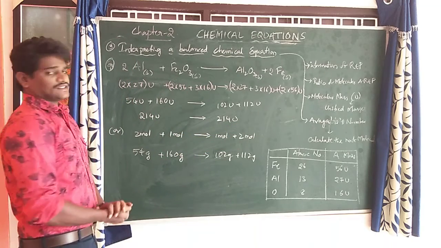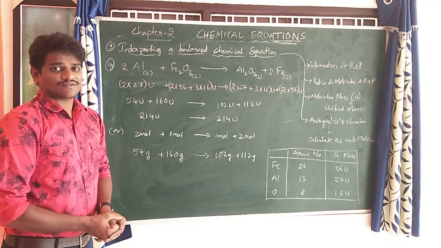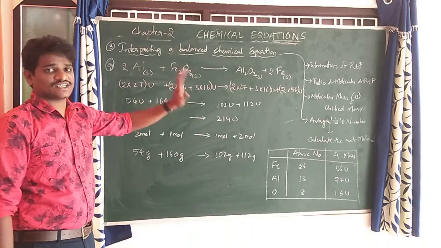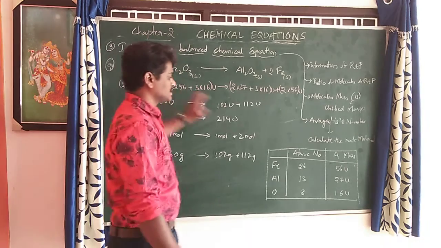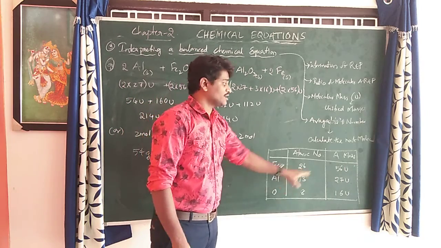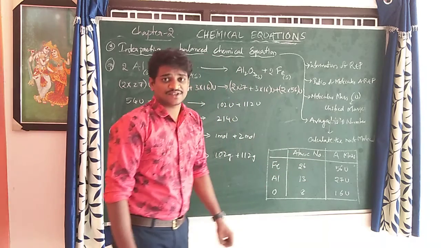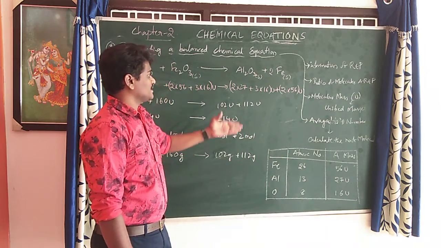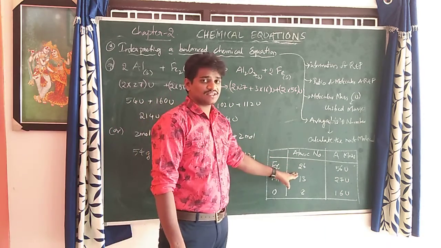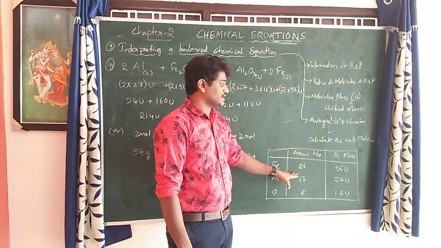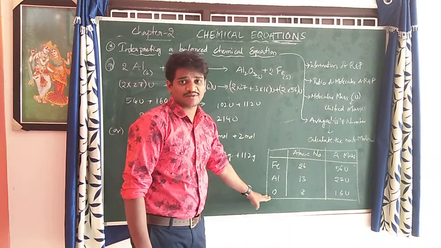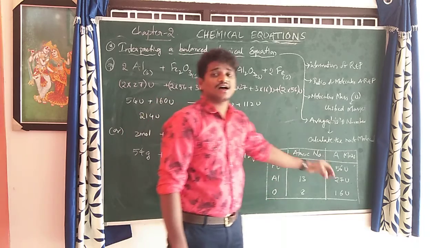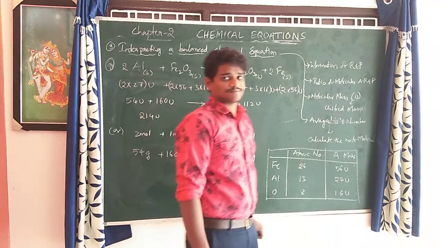First, we need the atomic numbers and masses. Aluminium has atomic mass 27 units. Iron has atomic mass 56, and oxygen has atomic number 8 and atomic mass 16.